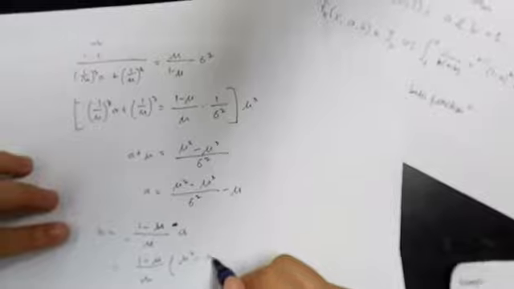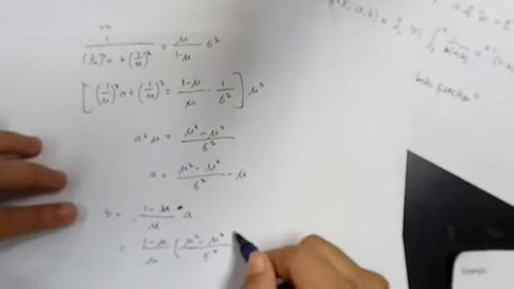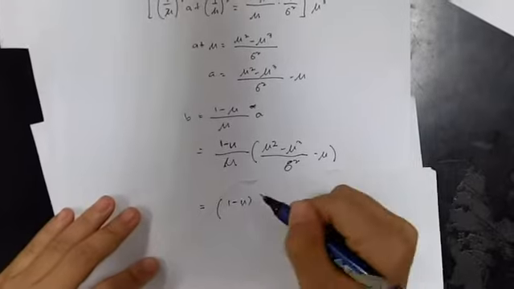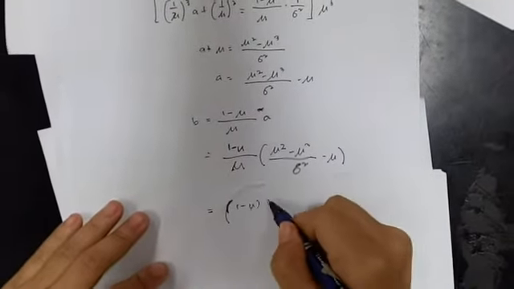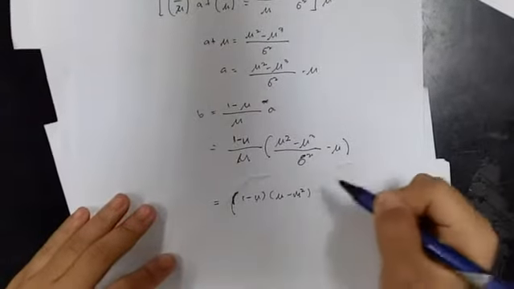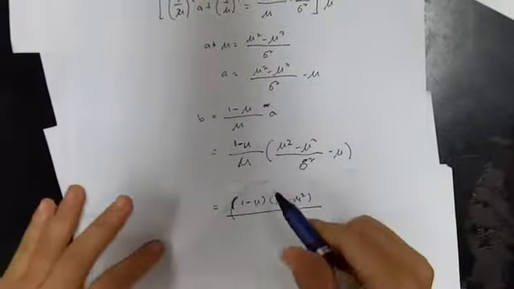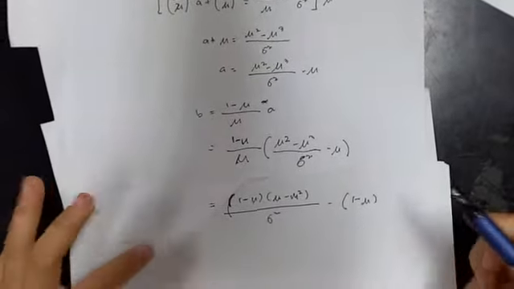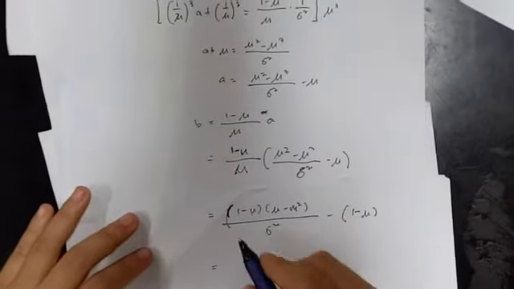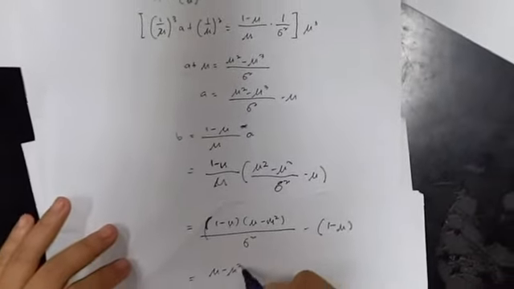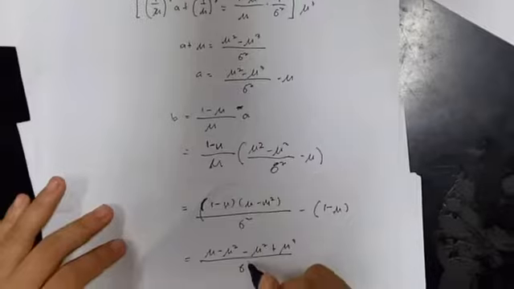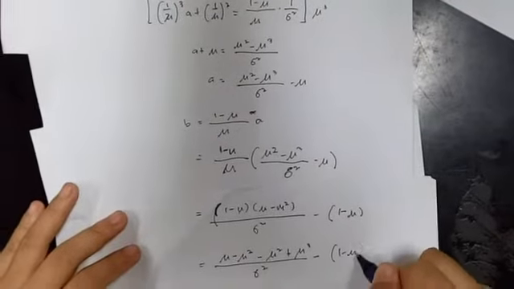Just doing simple algebra here, this is equal to mu minus mu squared plus mu cubed over sigma squared, minus (1 minus mu).